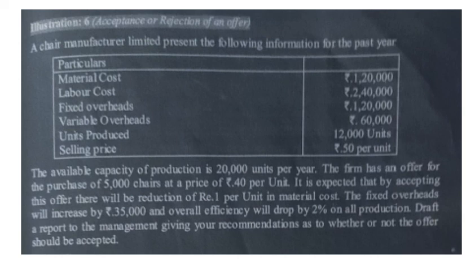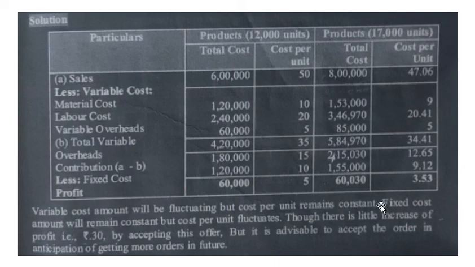So now let us get into the calculation. For 12,000 units, the labor cost is 20. 20 into 2% will give you 0.4. So 20 plus 0.4 will give you 20.4. So 20.4 into 17,000 units will give you 3,46,800.